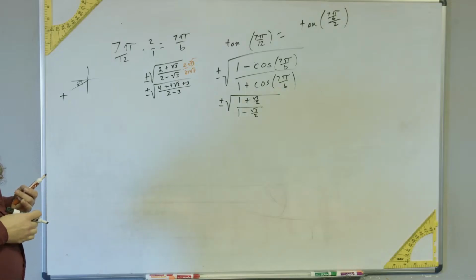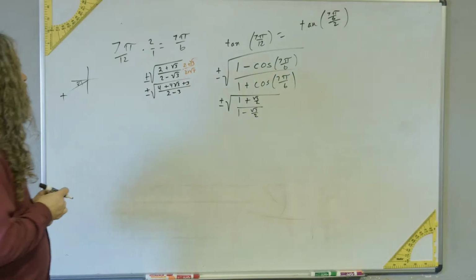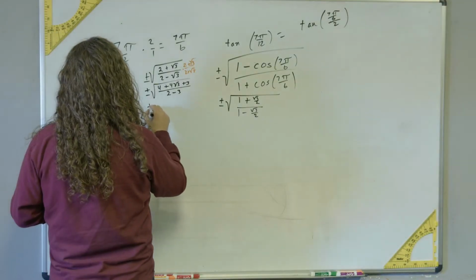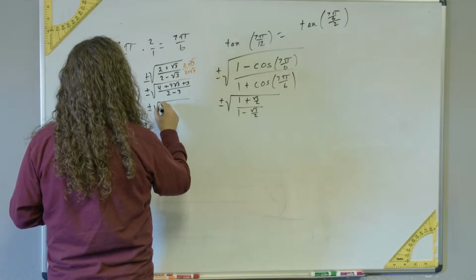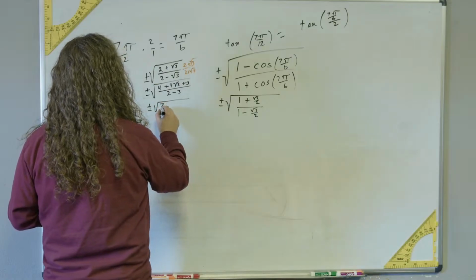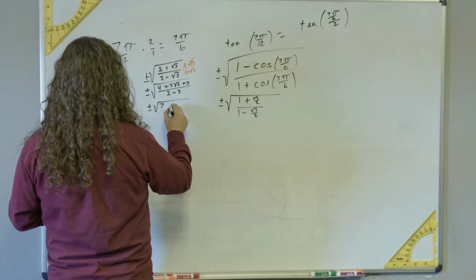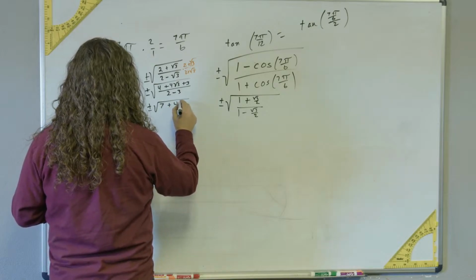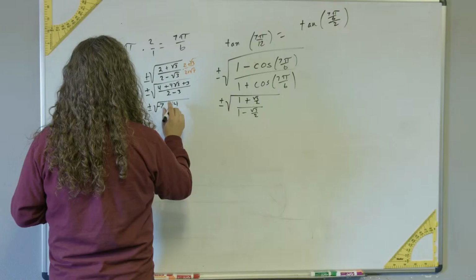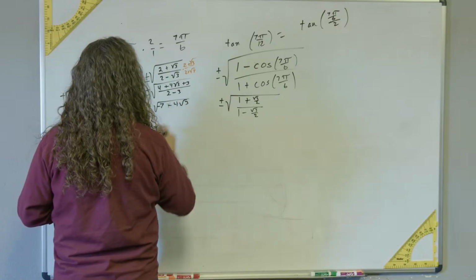Which means everything's just negative. Yeah, it's going to flip all the signs. Yes. Plus or minus the square root of -7 minus 4 times the square root of 3.